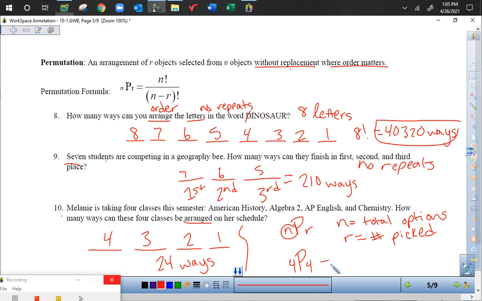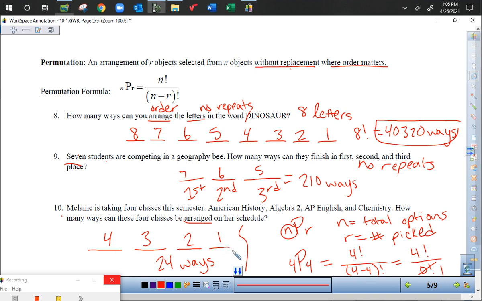So this is 4P4. And that would look like n was 4, so 4 factorial. And on the bottom, we had 4 minus r, which would be 4 minus 4 factorial. Remember, from up above, 0 factorial is the number 1, and 4 factorial is left, and that's how we wrote it out.